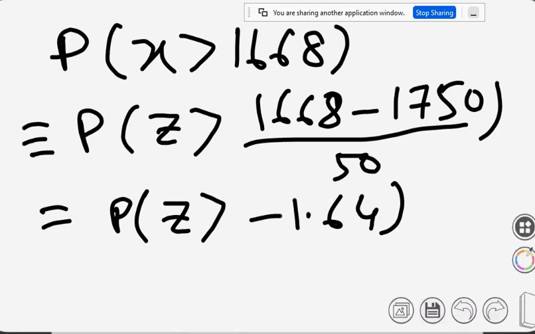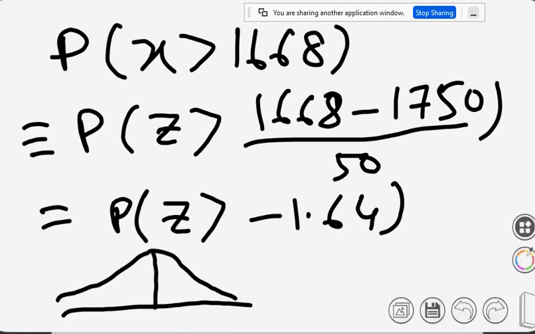So what is the required probability you have to find out? If you draw it, minus 1.64 will be somewhere here. Greater than means this is the required area. From the table, can you find what probability is given with respect to 1.64?